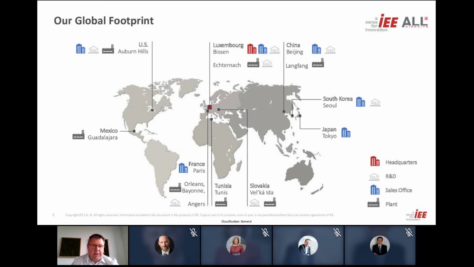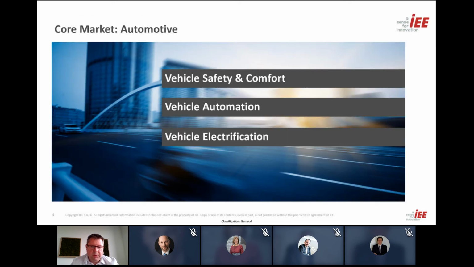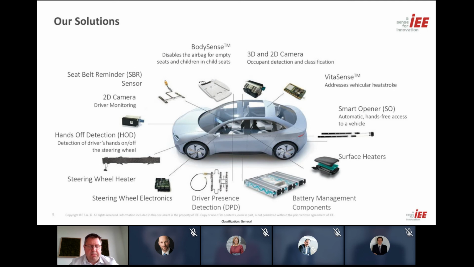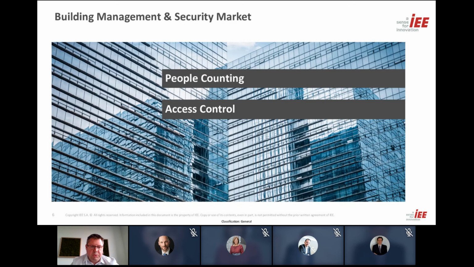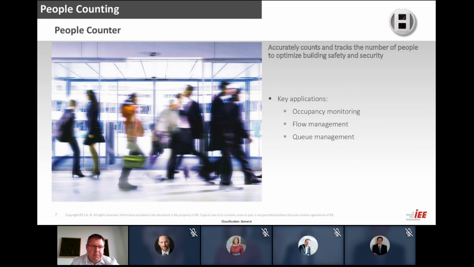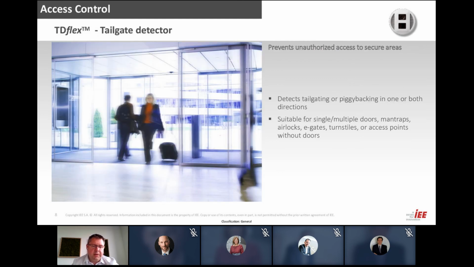So IEE is an automotive company. We have our headquarters in Bissen, Luxembourg, and different divisions all around the world. We are developing and producing sensors for the car manufacturers, different sensors, of course. We also have a people counter device to manage buildings and a tailgate detector to prevent unauthorized access to secure areas.